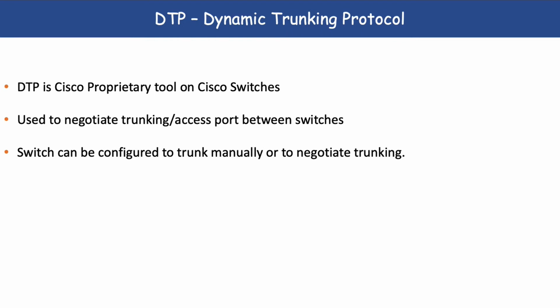The other proprietary protocol that you need to know about is Dynamic Trunking Protocol, that is DTP. Now DTP is used to negotiate trunking or access port between switches. So if you have a switch on one end connected to a switch on another end, whether the ports that they are connected on are going to act as trunk or access can be negotiated automatically between the switches using Dynamic Trunking Protocol.